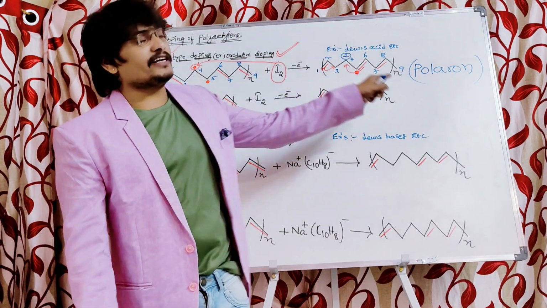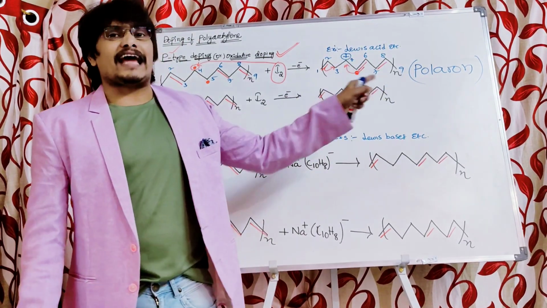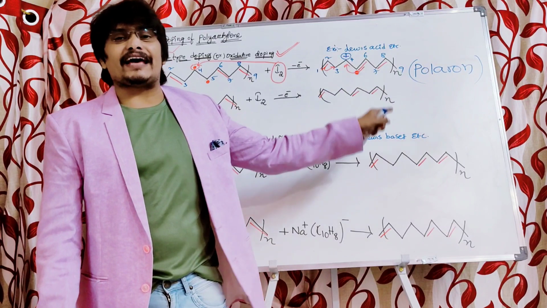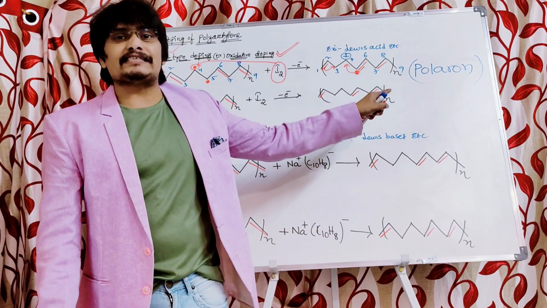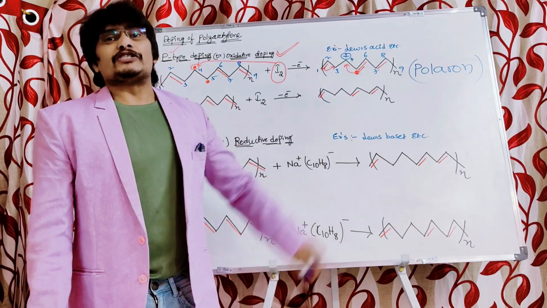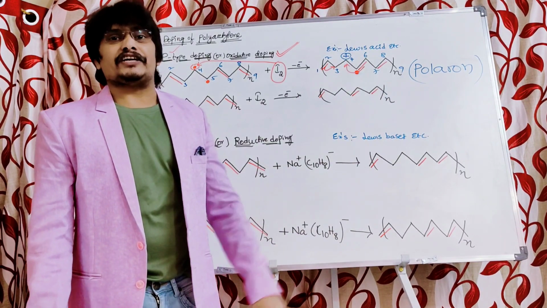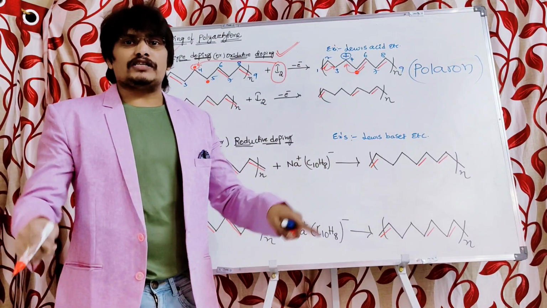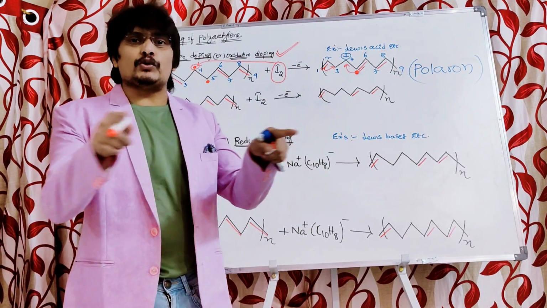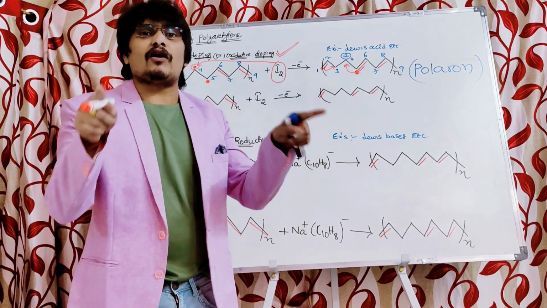It has been converted into the polaron, which is a radical cation, and this radical cation carries the positive charge on the carbon atom. Hence, this polaron is an unstable structure. So in order to stabilize the structure, the electrons will move fast towards the positively charged carbon atom.